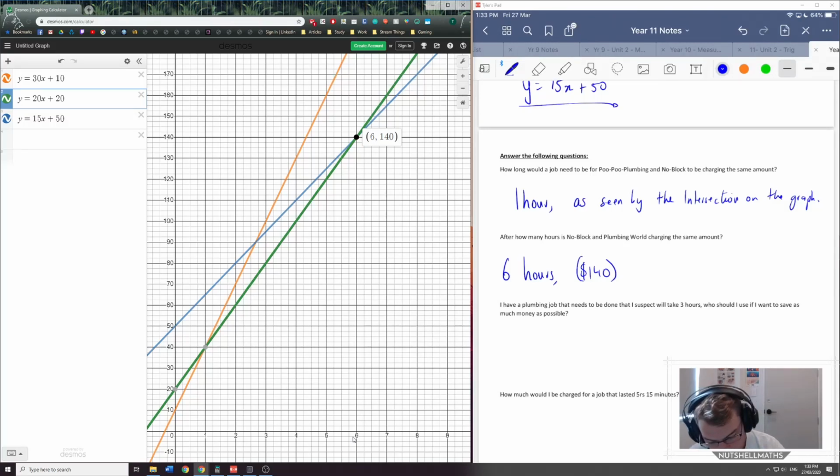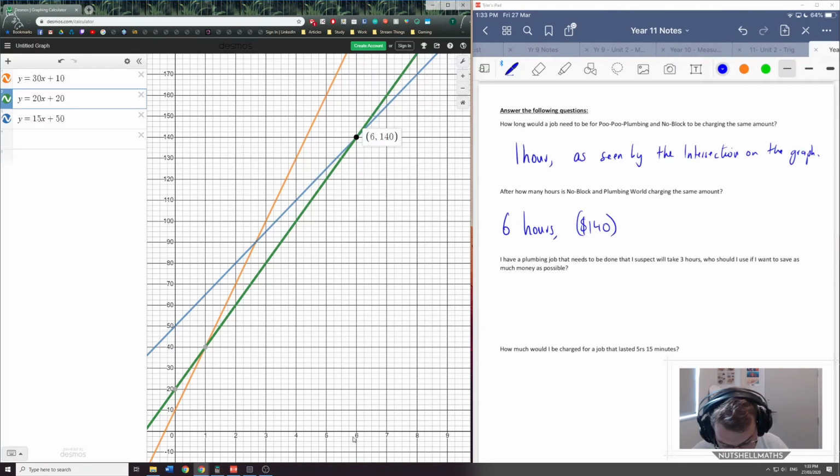So far so good. I have a plumbing job that needs to be done that I suspect will take 3 hours. Who should I use if I want to save as much money as possible? So I look at my 3-hour job, up this line here, and I can see that green is the best, right? But I'm not going to answer green because we're smarter than that, and I can see in chat some green answers, but I also see some more correct answers.